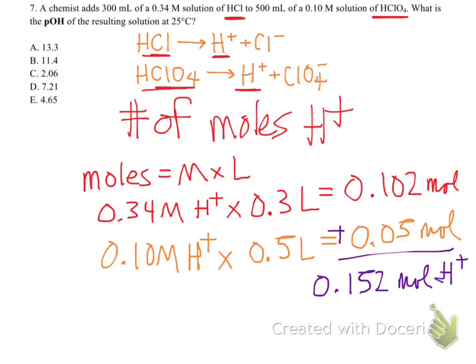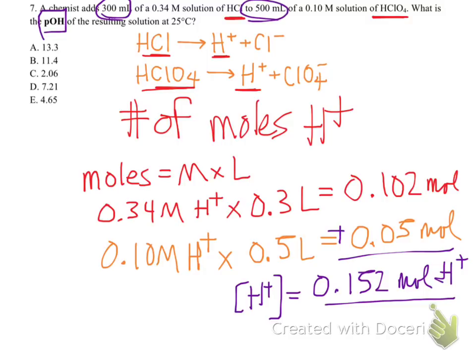Since the question is asking for the pOH, we're going to need to turn this into concentration so that we can get the pH, and then we can easily find the pOH. So the H+ concentration is going to be equal to the moles divided by the total volume. The total volume is going to be the 300 milliliters plus the 500 milliliters, which means a total of 0.80 liters.